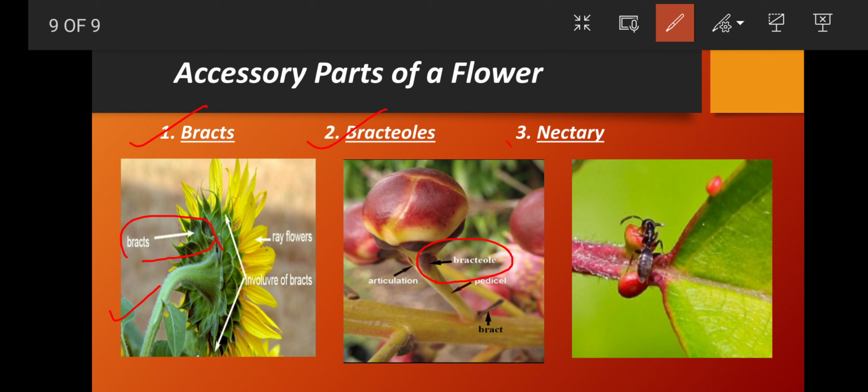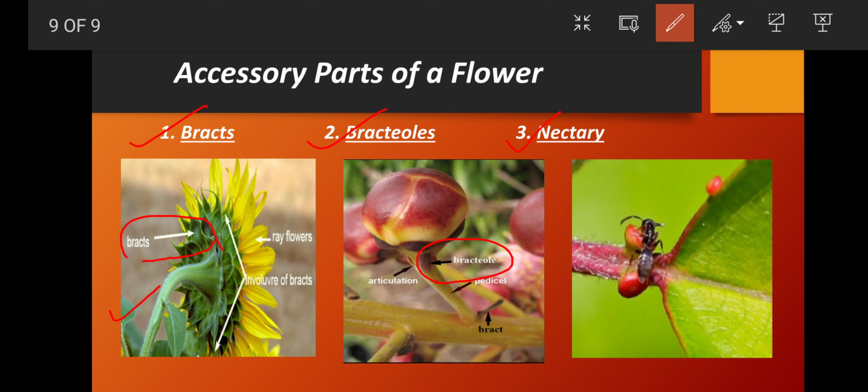Third comes the nectary as an accessory part in the flower. Nectaries are the nectar-secreting glands which are situated at the base of the pistil or gynoecium. This nectar is a sweet, fragrant liquid that attracts insects. When the insects visit the flowers for nectar, the pollen grains stick to their bodies.